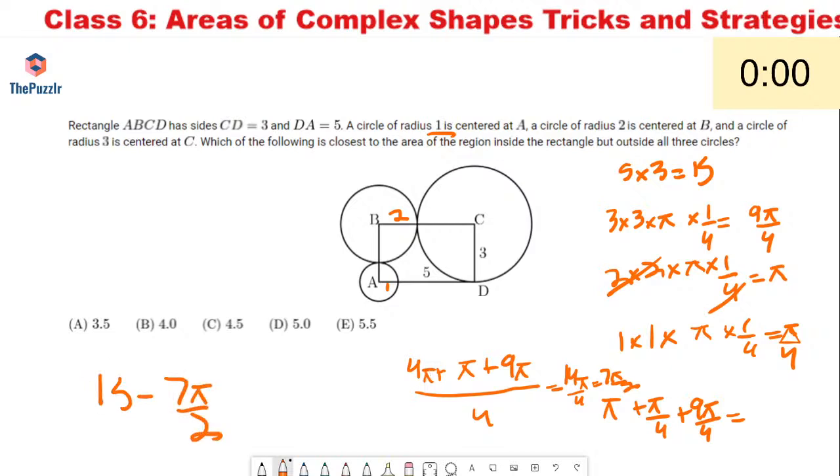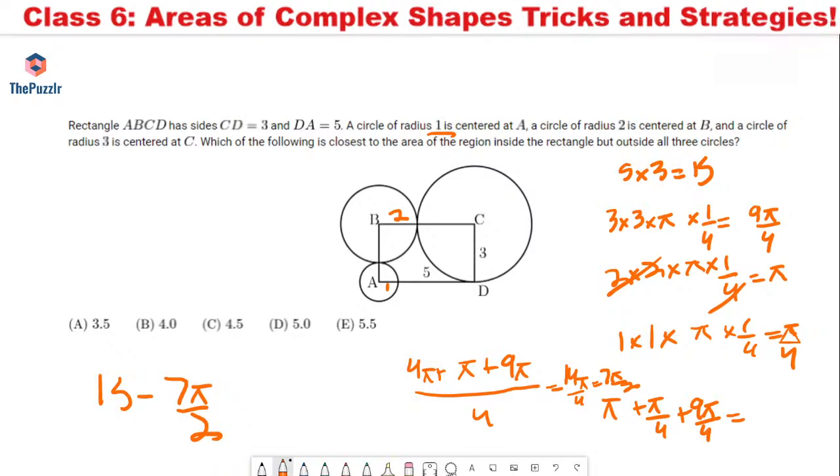How do we do 15 minus 7 pi over 2? It's hard to multiply by 3.14. And if you use the calculator, that's also wrong. What you do is never forget pi is approximately 22 over 7. And I think a lot of you forgot about this.